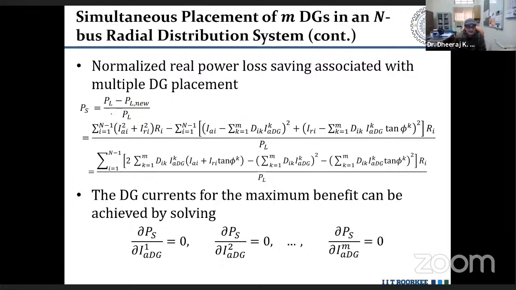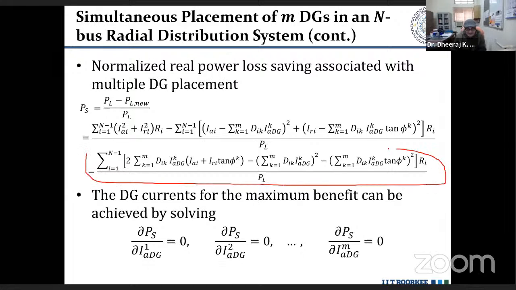Now we can compute the normalized power loss saving, that is the difference of power losses before DG placement and after DG placement divided by losses before DG placement. So we can substitute these different expressions and simplify. So this is the final expression of loss saving.